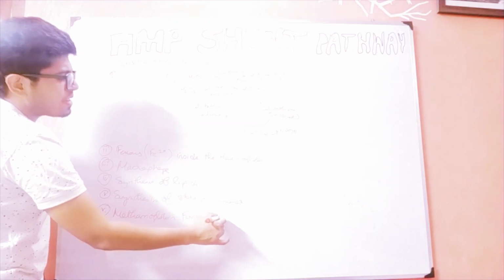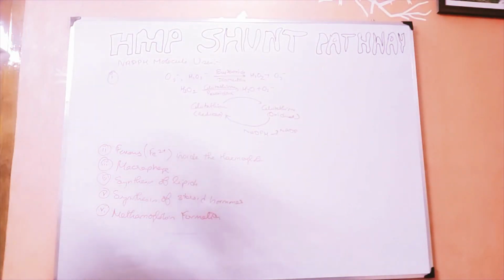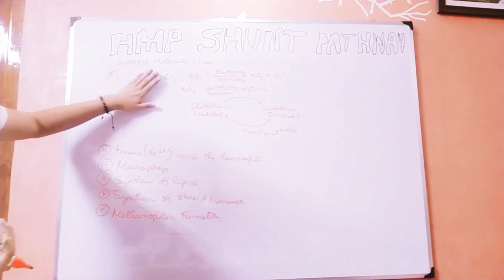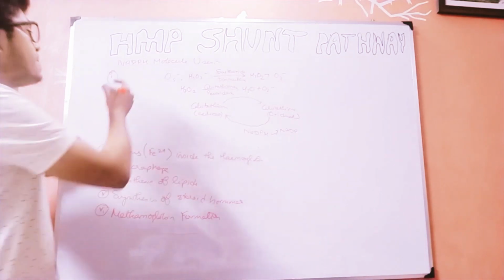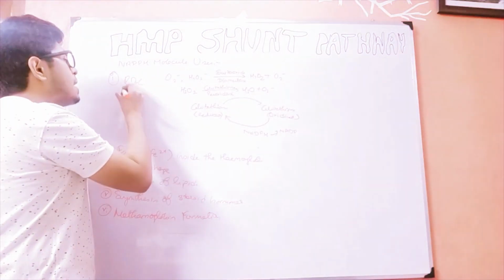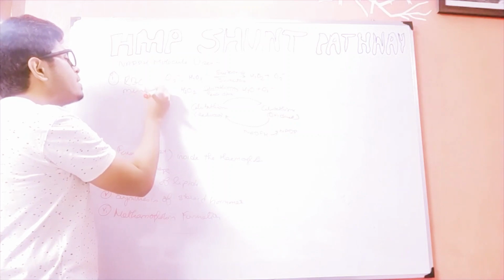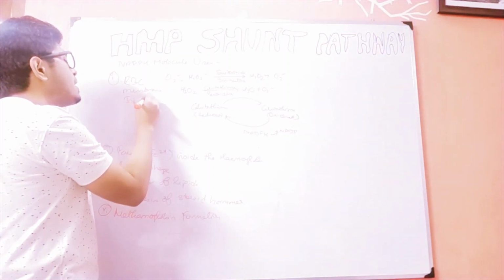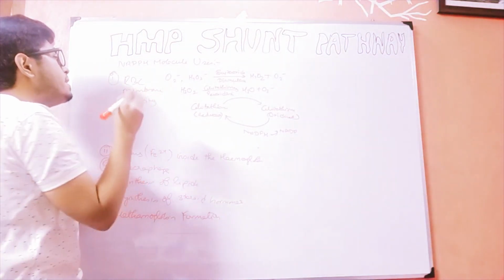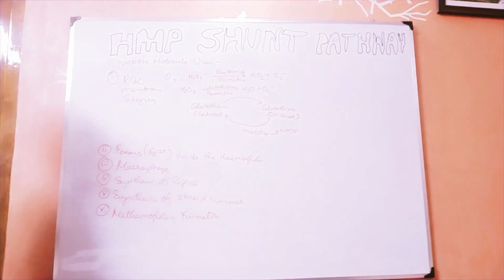So these are some of the importance of the HMP shunt pathway. Primarily, it is used to maintain RBC membrane integrity.